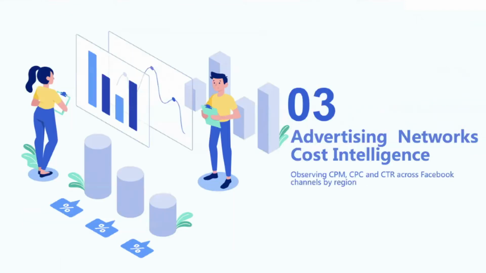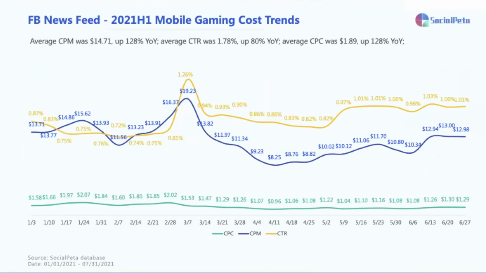The next part, let's review the cost intelligence for CPM, CPC, and CTR. I believe this is an attractive topic for many listeners because we can observe CPC, CPM, and CTR on our product, SocialPeta. And let's take a look at the trend for mobile gaming.